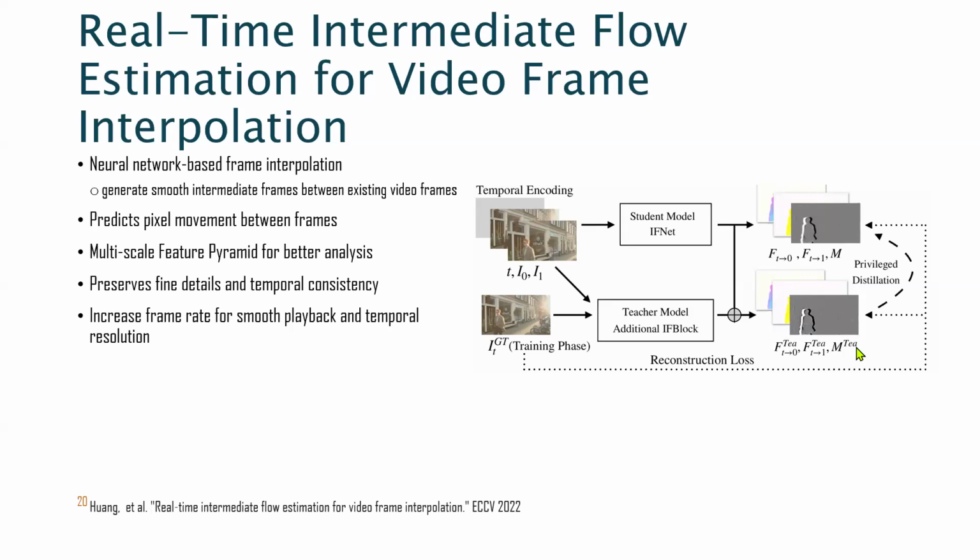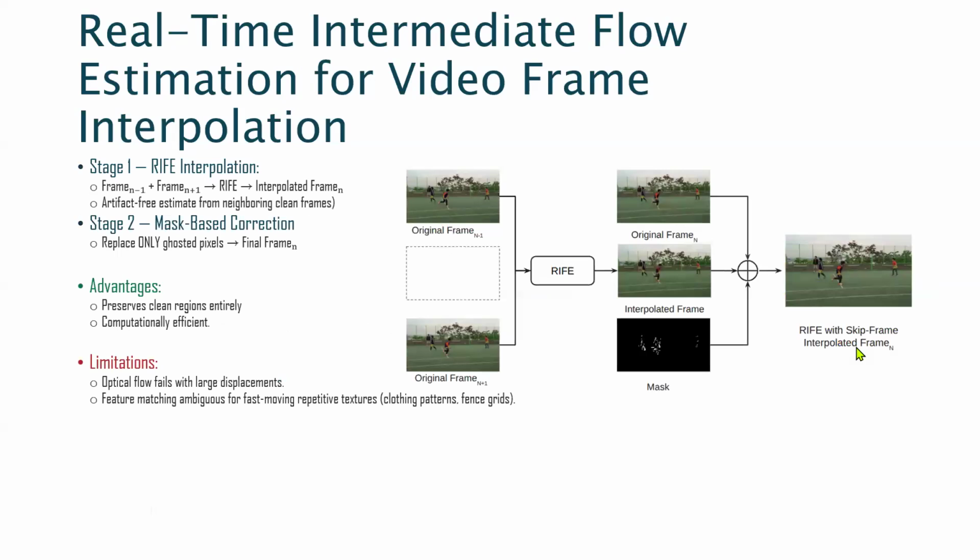We tried to address our problem with that by using two original frames, n and n plus 1, with a blank frame in between, and passing them to RIFE. RIFE produces the interpolated frame, and then we try to merge it or train detection methods like CNN and VGG to generate the results.